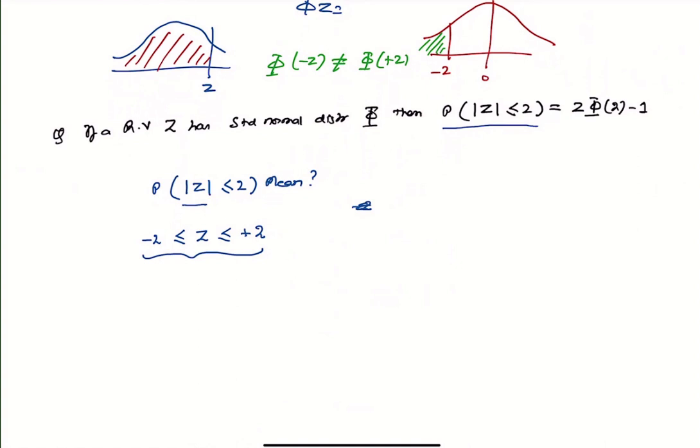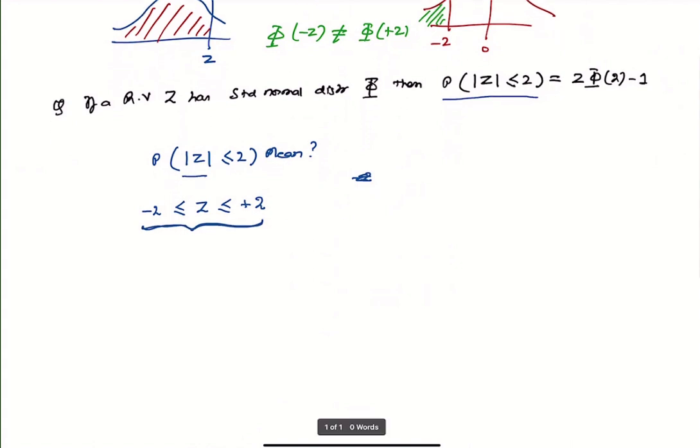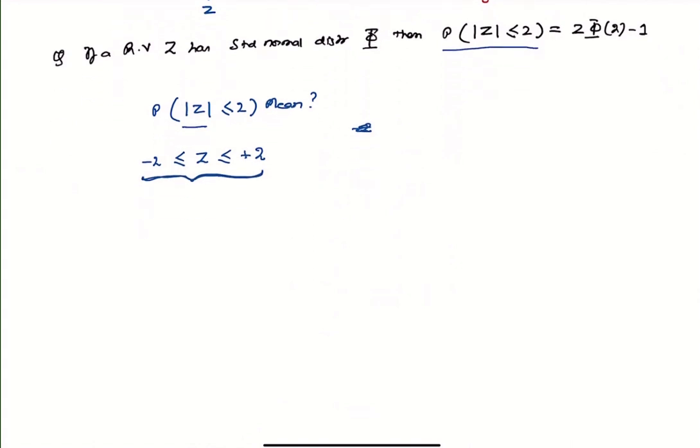So z is more than minus 2 and less than plus 2. Once we know that, the only thing we need to calculate is the CDF of z between minus 2 and plus 2.